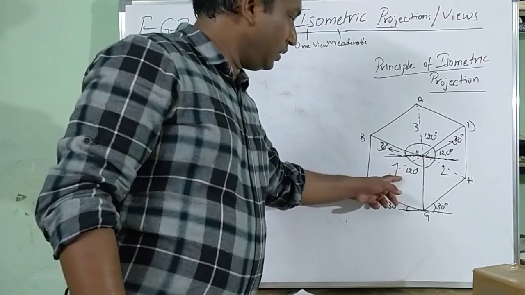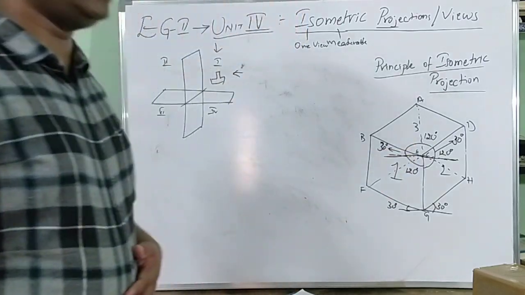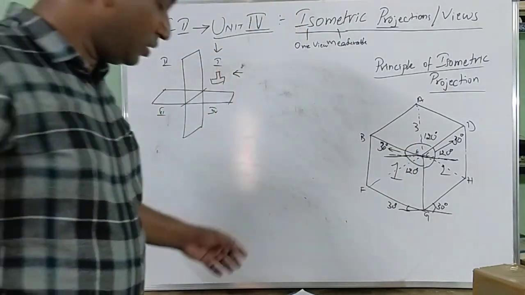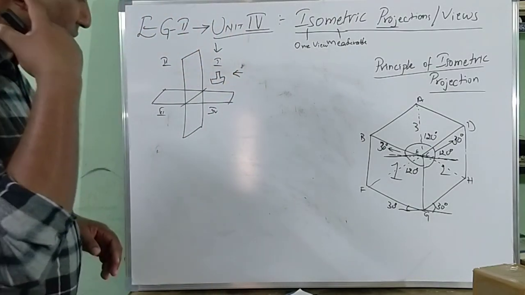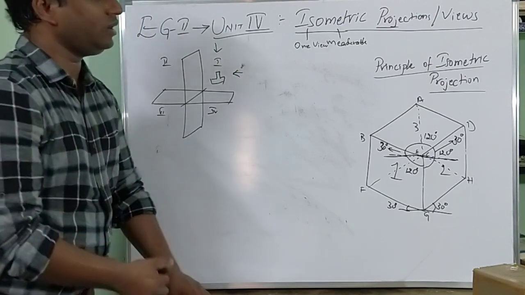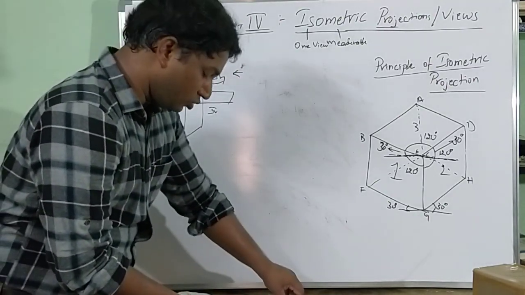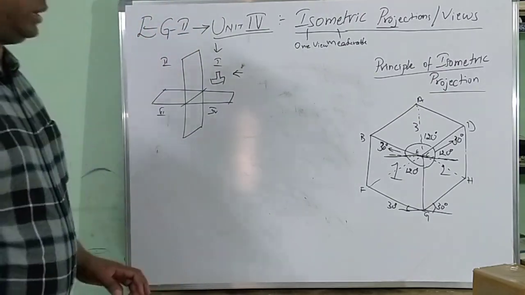Here the angles are 120 degrees between the lines, as each face is converted into a rhombus, not a square. So in this cube, all 3 faces will look like a rhombus. Now the angles are also clarified. Each angle will be 120 degrees.